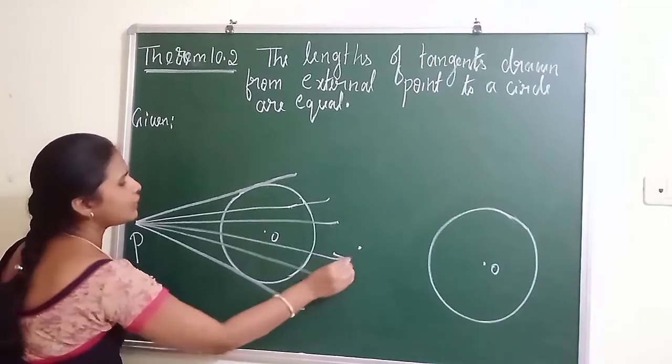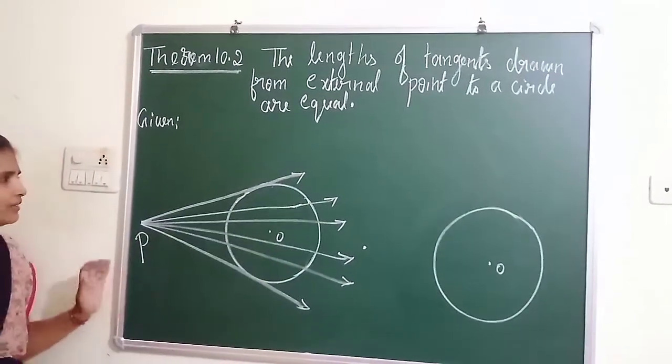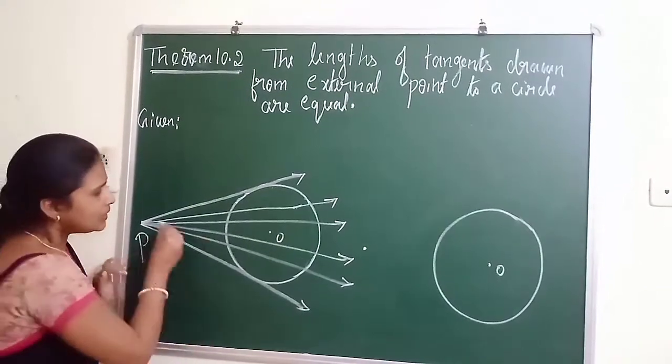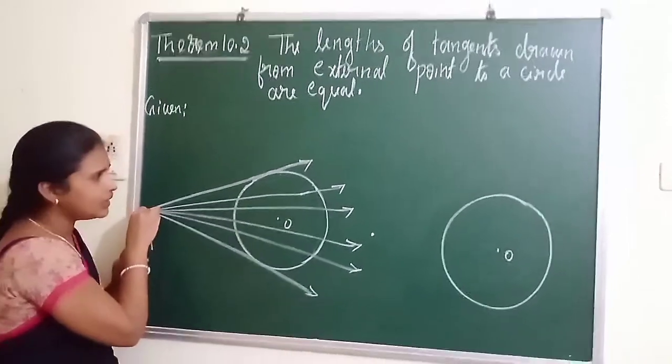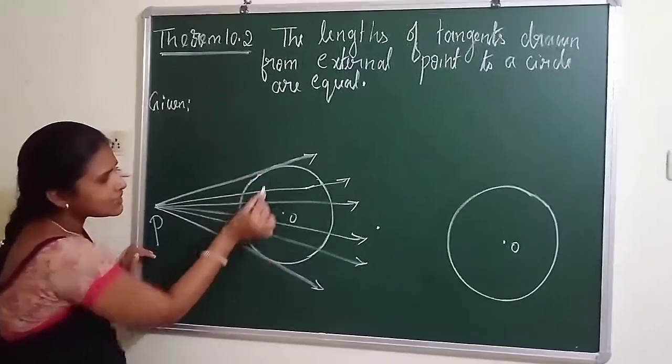You can see here I have drawn some rays, and out of these, how many are tangents? See, the rays extending from the point P, only two rays are meeting the circle at exactly one point.